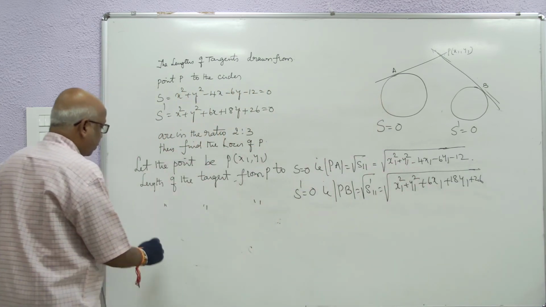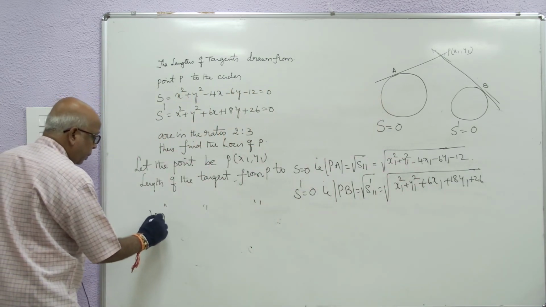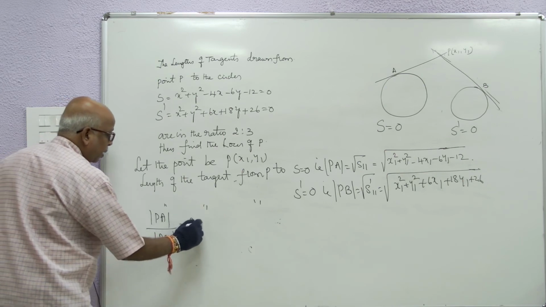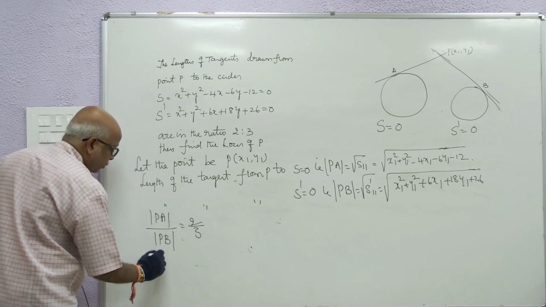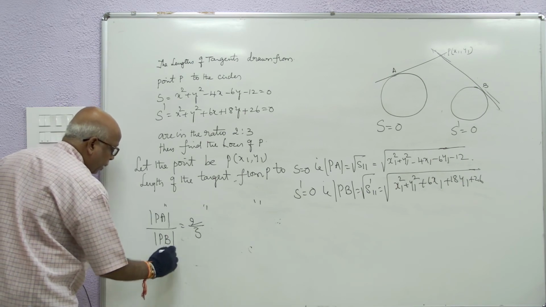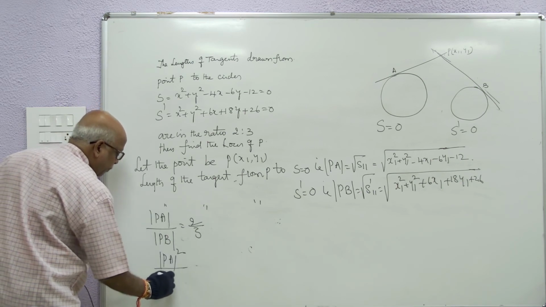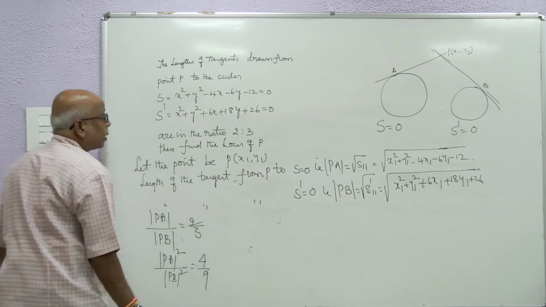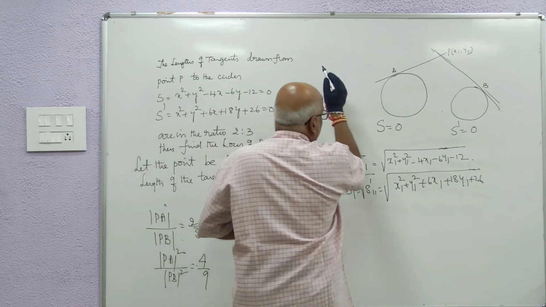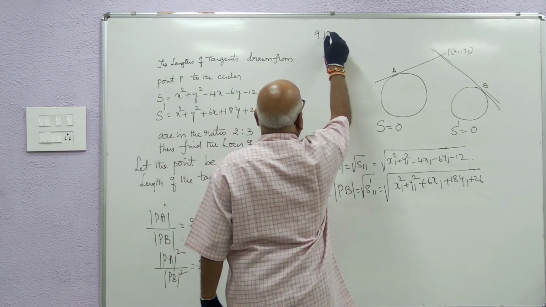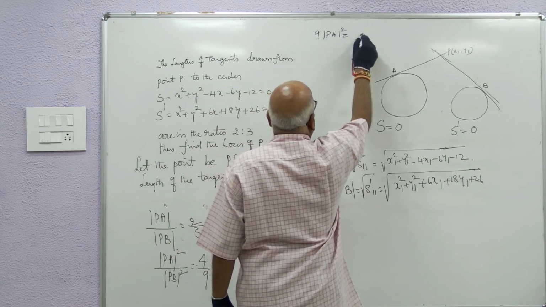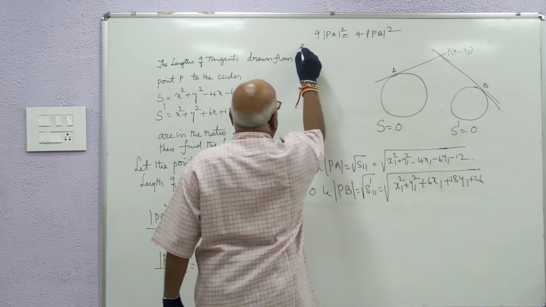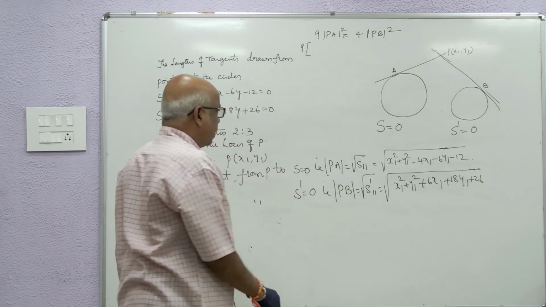What was given in the problem? PA by PB equal to 2 by 3. Squaring on both sides, PA square by PB square equal to 4 by 9. Here 9 into PA square equal to 4 into PB square. 9 into, what is PA square, sir?